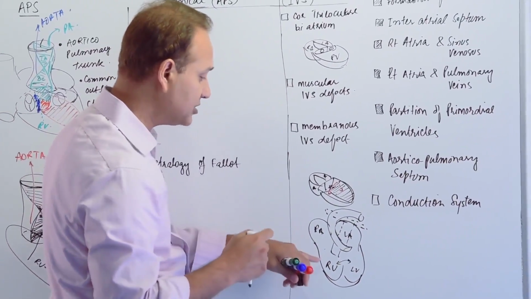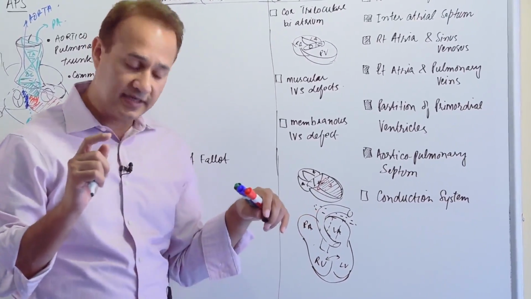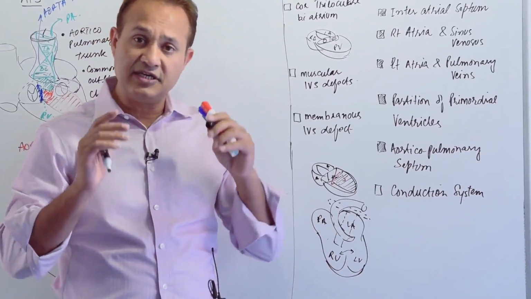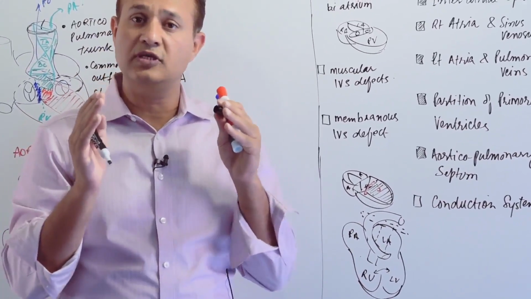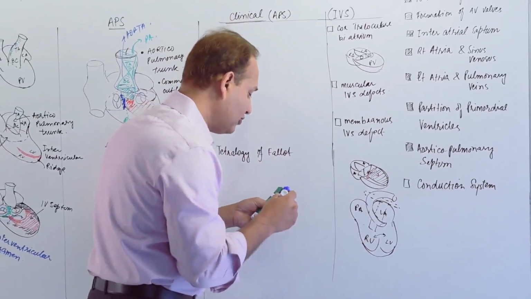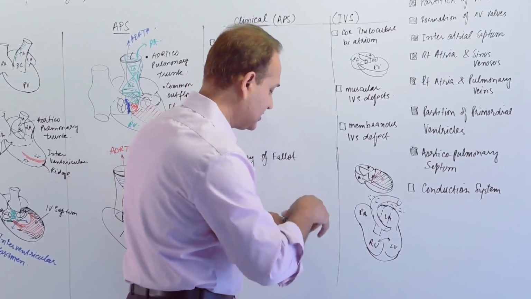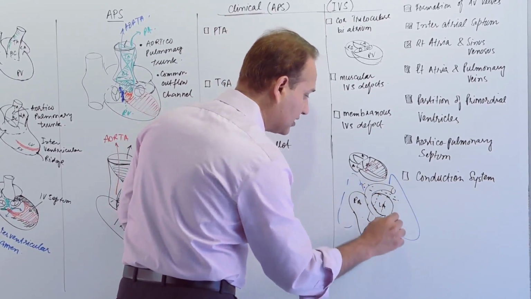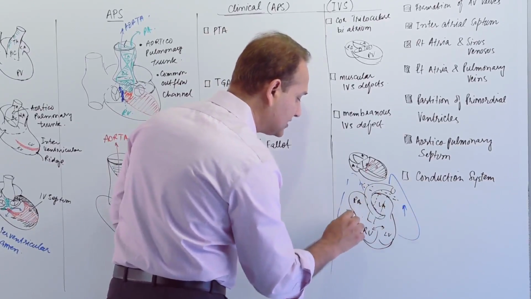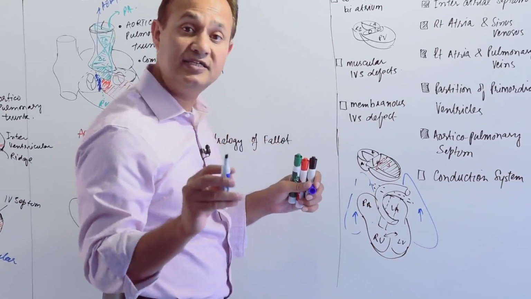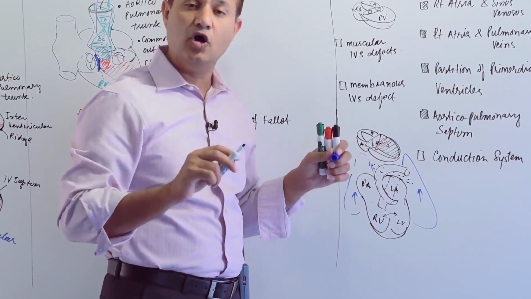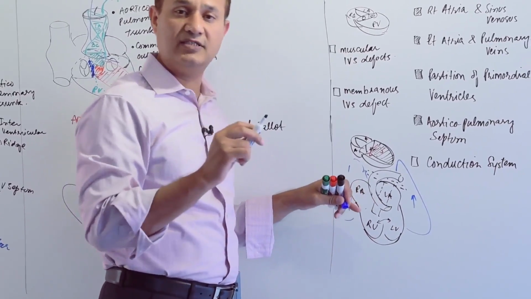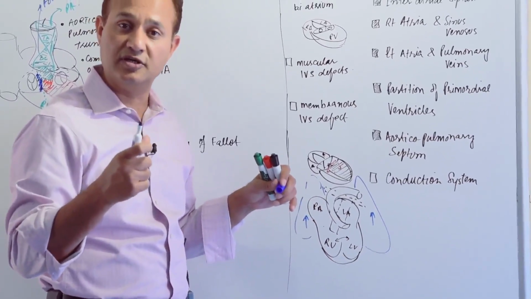When that shunting happens, there will be, so please write it down somewhere, increased blood flow to the lungs. So let's say this is the lung and this is another lung. When the blood flow to the lungs increases, then the tunica intima and tunica media of the pulmonary vessels will become thick and muscular.